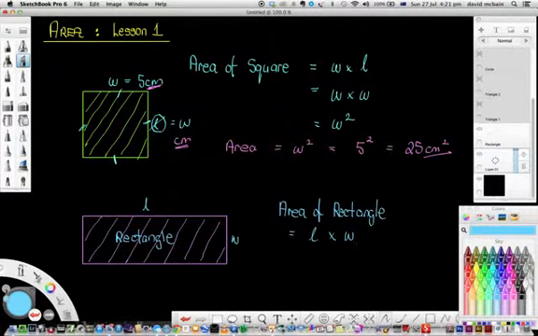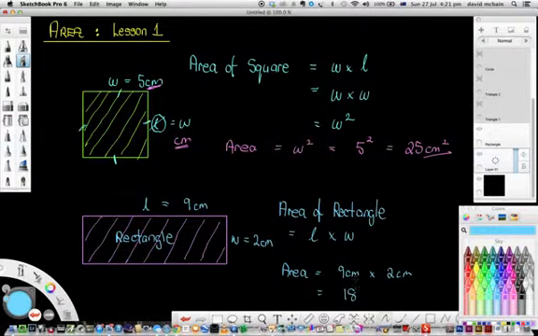And so if we had a length of 9 centimetres and a width of 2, then the area would equal the length times the width, which is 9 times 2. So it's 9 centimetres times 2 centimetres, which is 18.